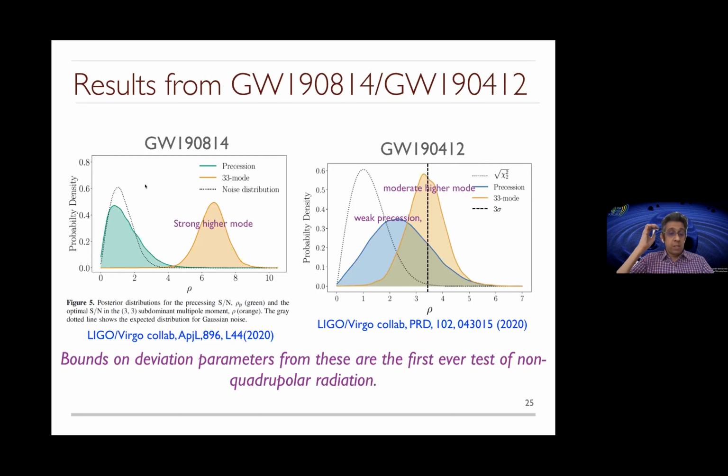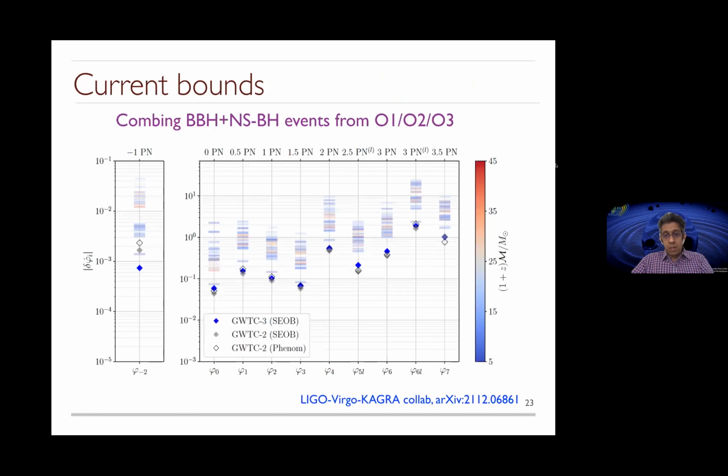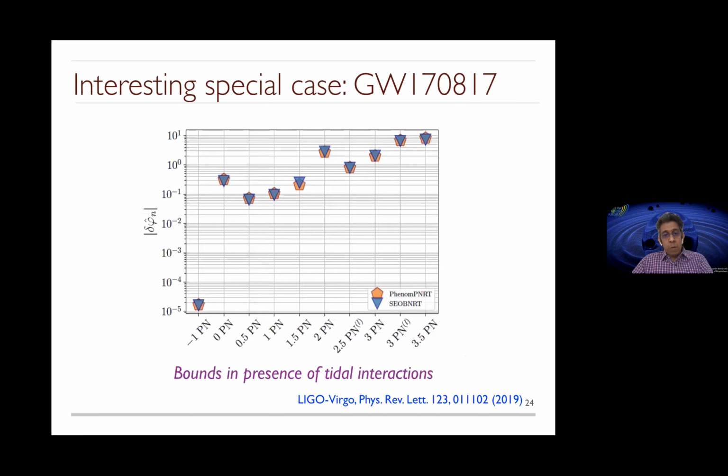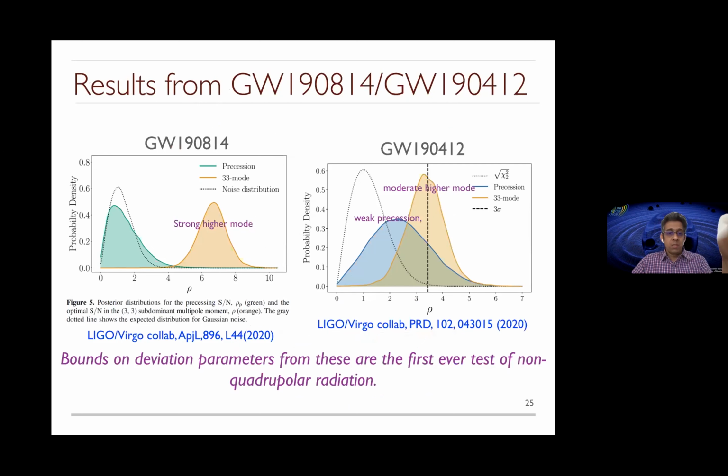So we have been talking about the phasing evolution of the quadrupolar wave, whereas two of the bounds I showed you together have actually come from these two sources. I want to stress that this is a very important thing. These are the only two sources for which we have tested the validity of GR in the non-quadrupolar approximation, so octupole in this case. So this is again an interesting thing.